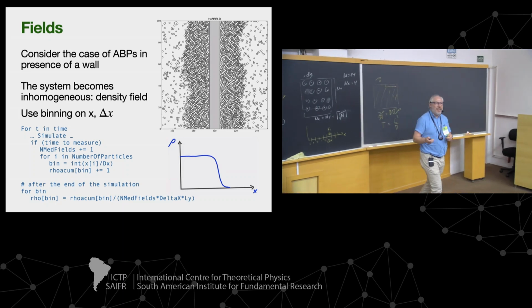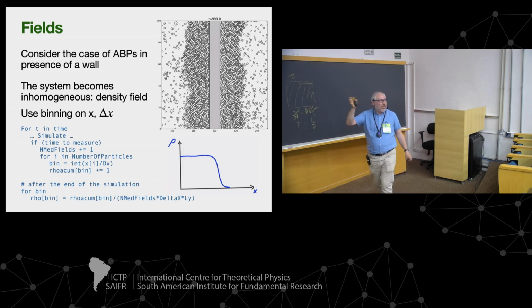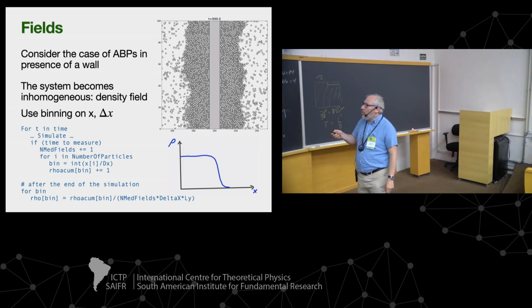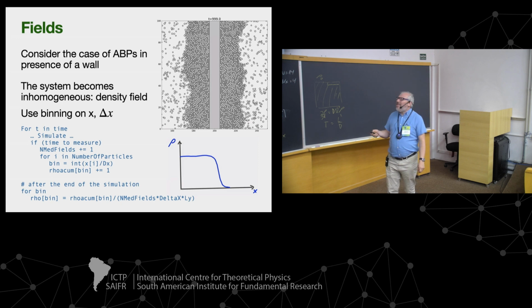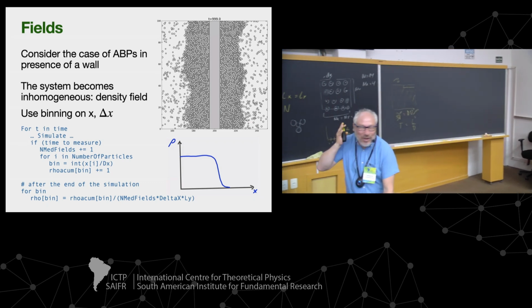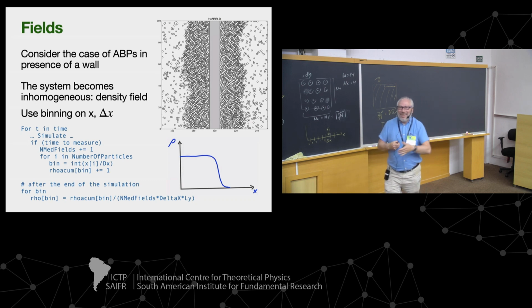So you bin the system, and then you accumulate by 1 the number of particles in the bin. You simply accumulate. You don't compute densities at that moment. And then at the end of the simulation, or not necessarily at the end, whenever you want to record some data, because something that I learned when I was young is that we have some electric cuts from now and then.